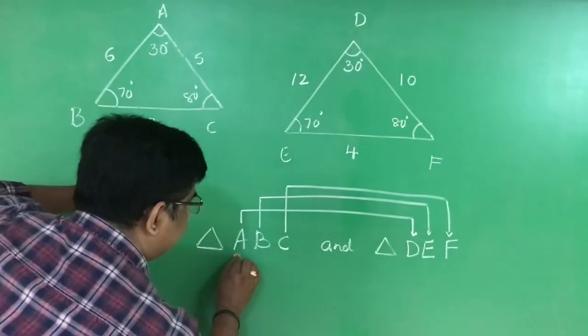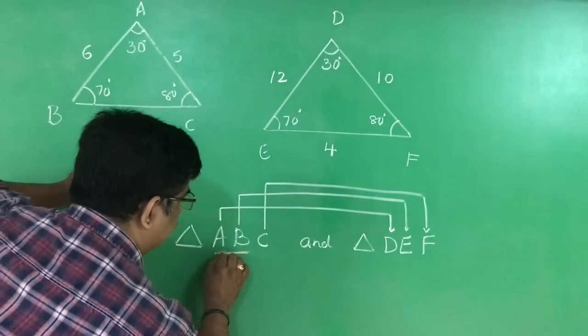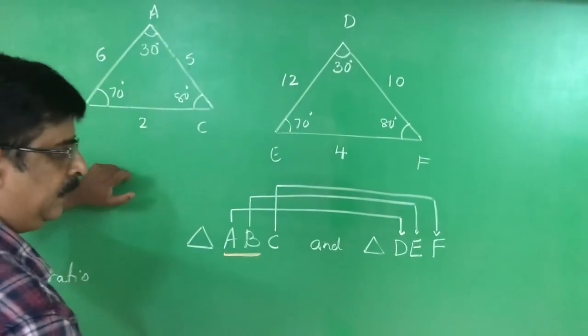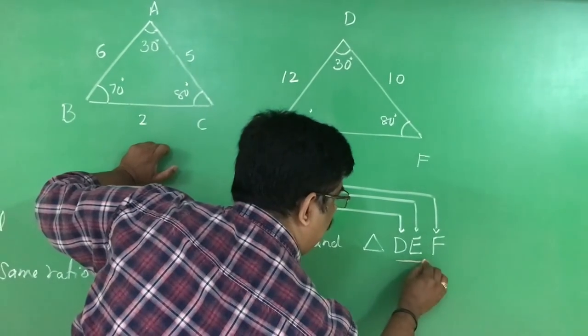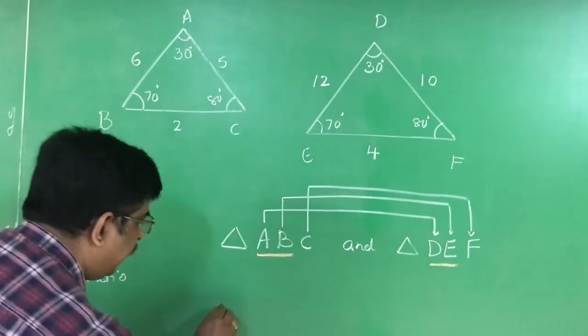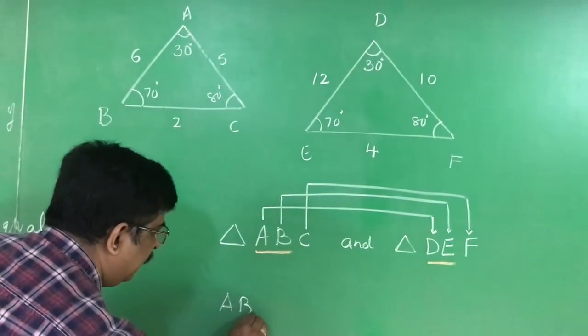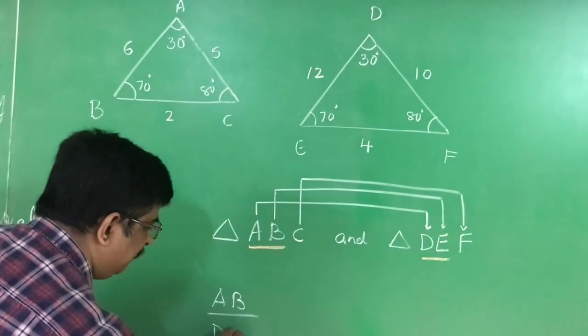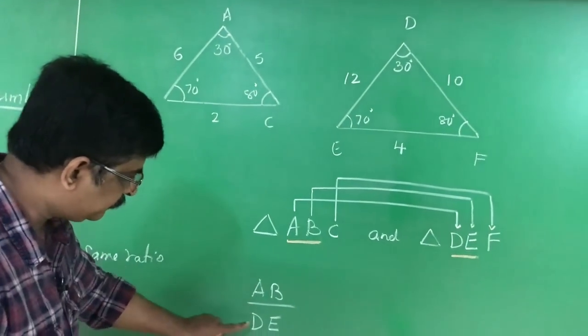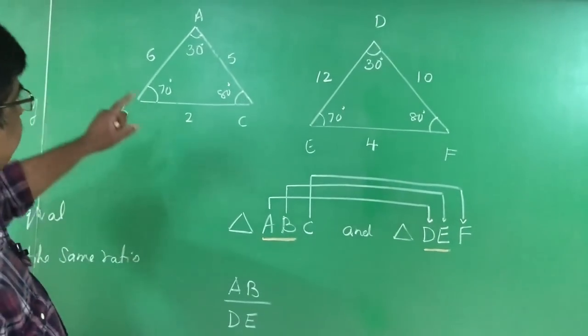Therefore, see the first two. The first two are A, B. Here the first two are D, E. Make a ratio AB by DE. Where is AB?